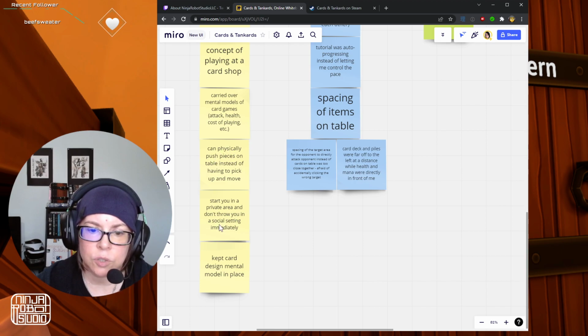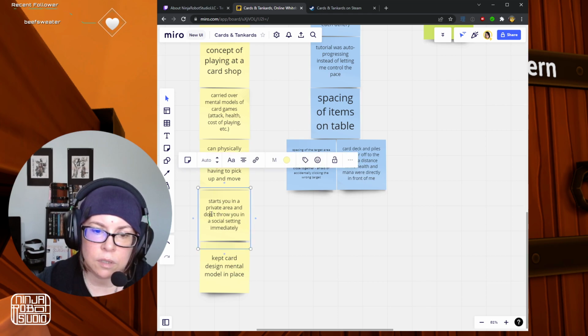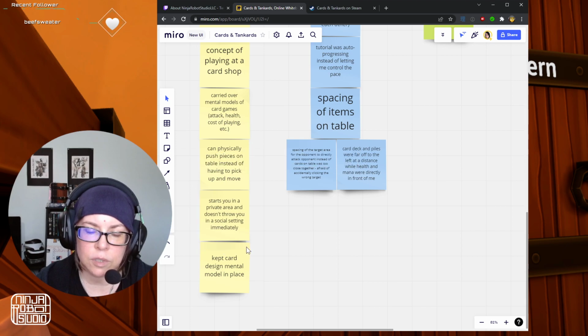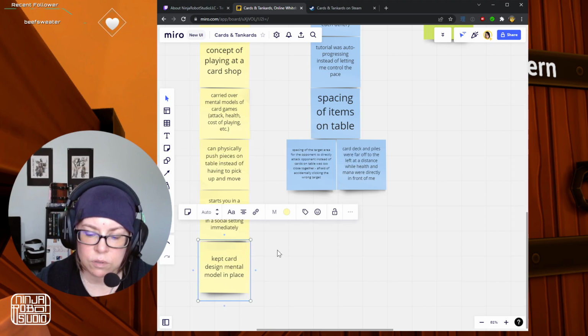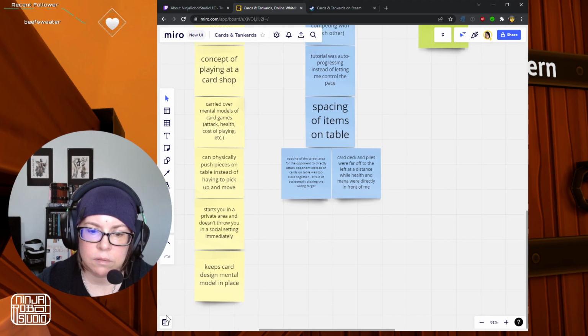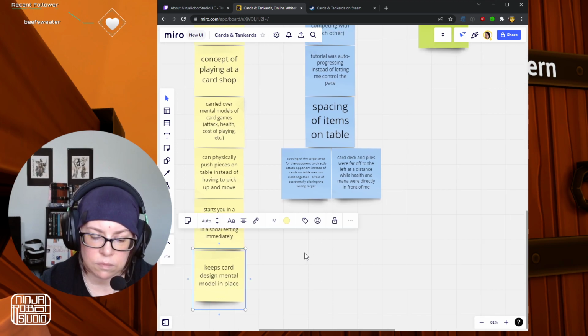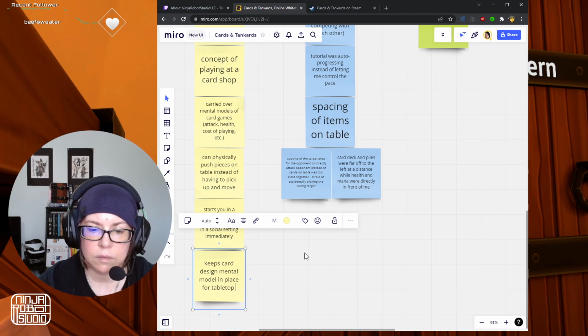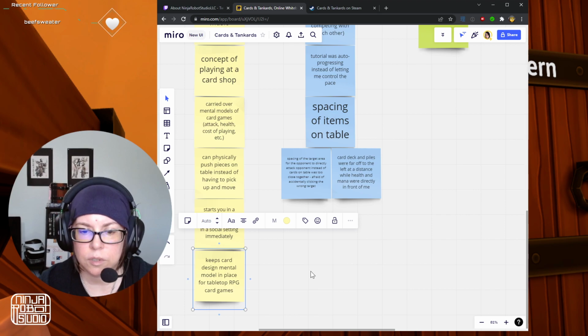Physically starts you in a private area, and doesn't throw you in a social setting immediately. Keeps the card design mental model in place, or tabletop RPG, card games, to clarify.